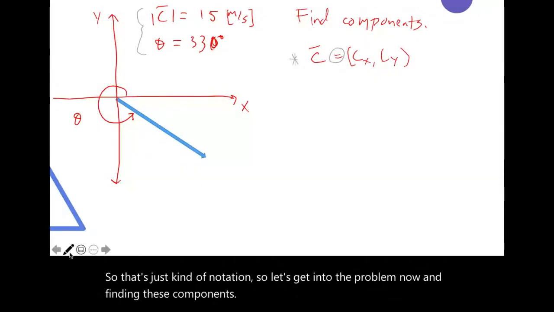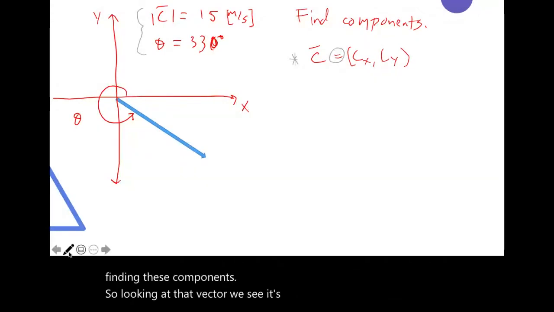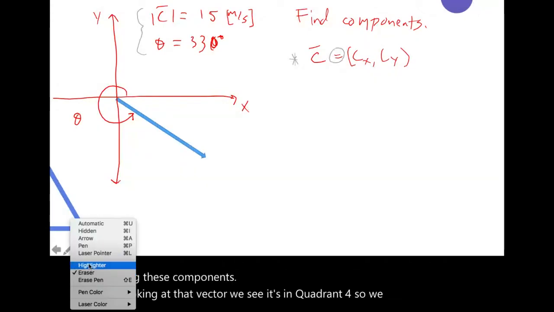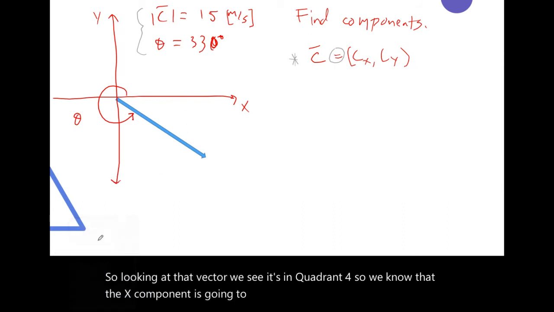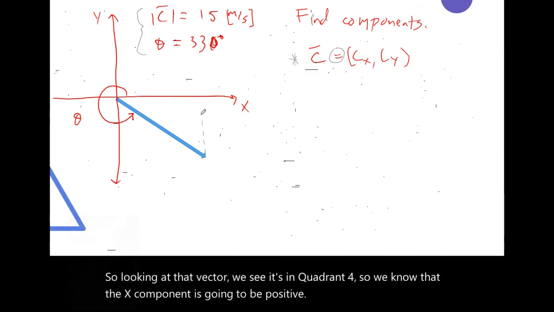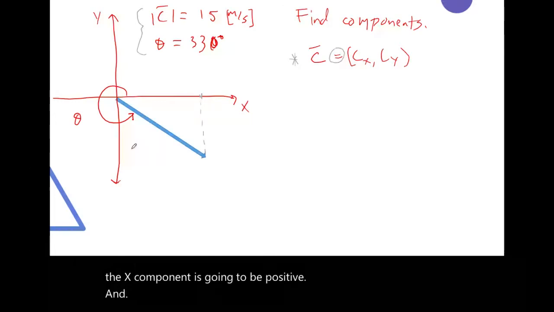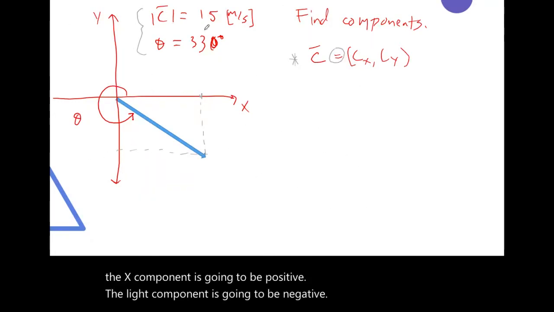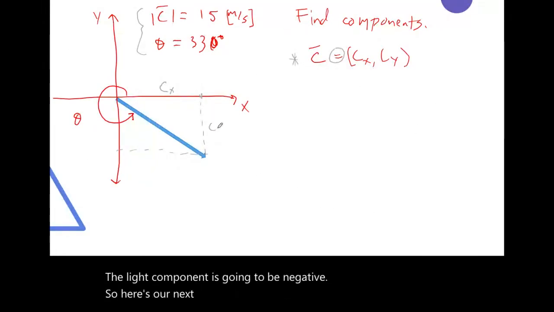Looking at that vector, we see it's in quadrant 4. So we know that the x component is going to be positive and the y component is going to be negative. So here's our x component, cx, cy. Okay.